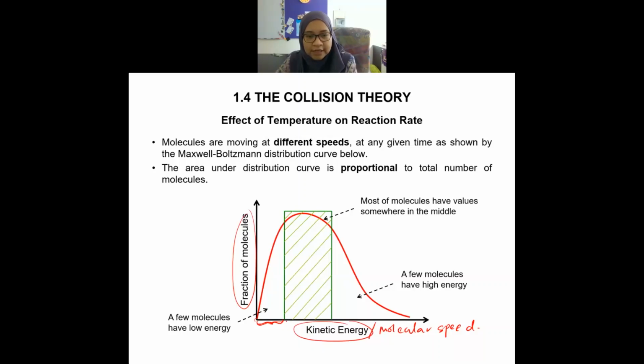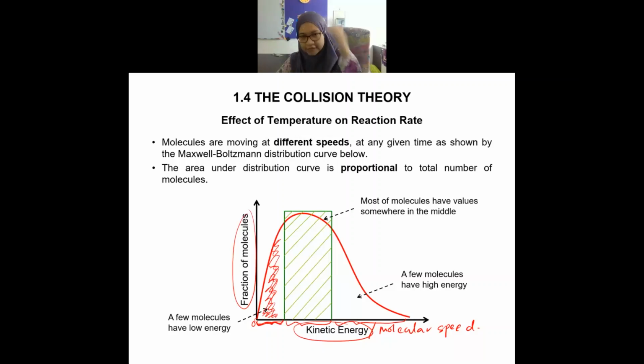Let's divide it into three. We have number 1, number 2, and the third one. So number 1 is the closest to 0, right? When it is closest to 0, it means the kinetic energy is at the lowest. As you can see, the area under the graph for this part is small, although the drawing does not represent it very well, but the idea is there.